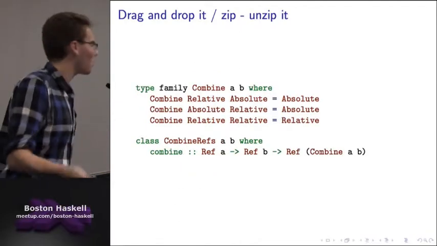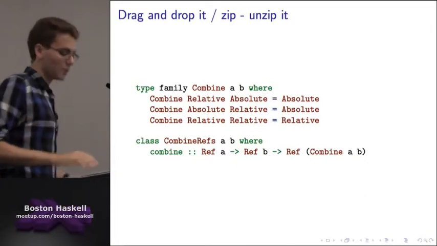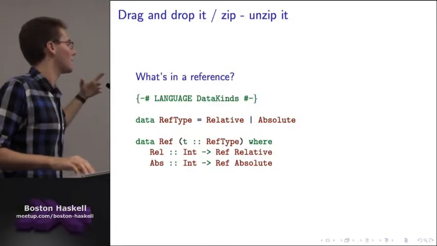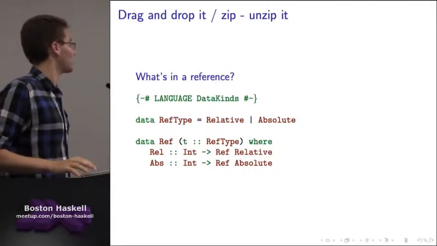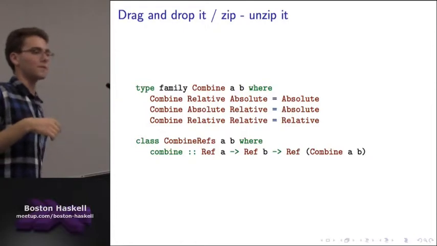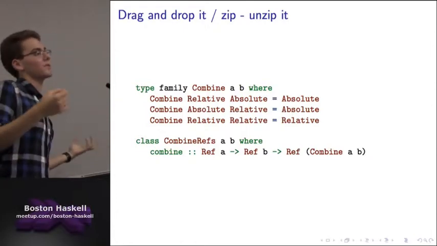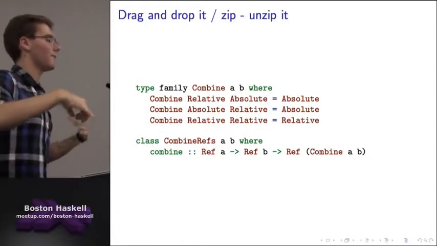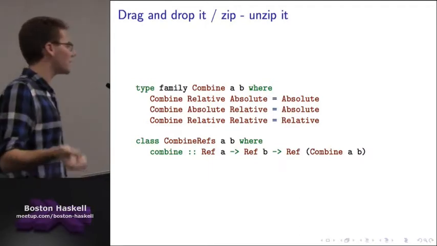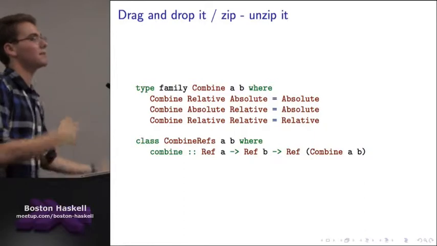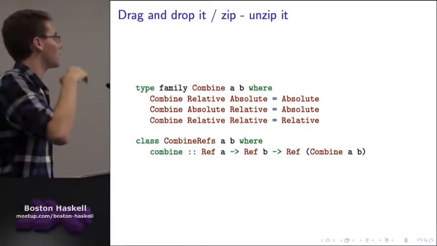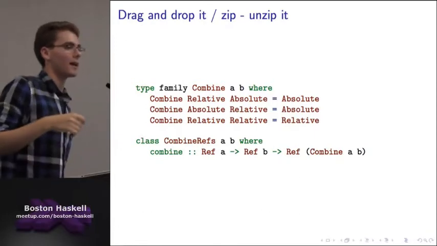And what I wanted to be able to prevent, and the reason that I ended up using these types here rather than just having ref be a regular algebraic data type, is I wanted to prevent you from combining two absolute references. Because I want to be able to say something like add a relative reference to an absolute reference. But if I have two absolute references, there's really no good semantics for what it means to squish them together.